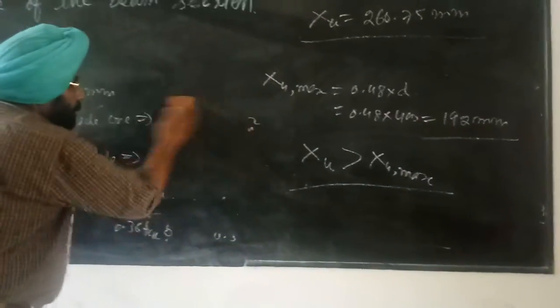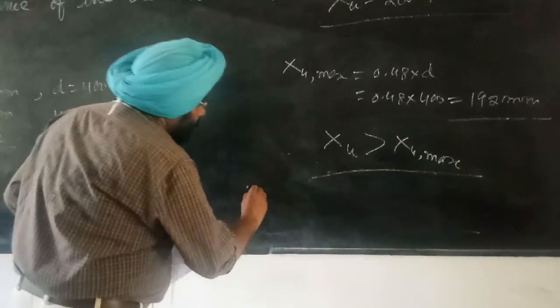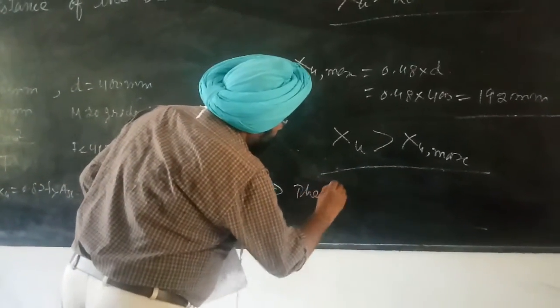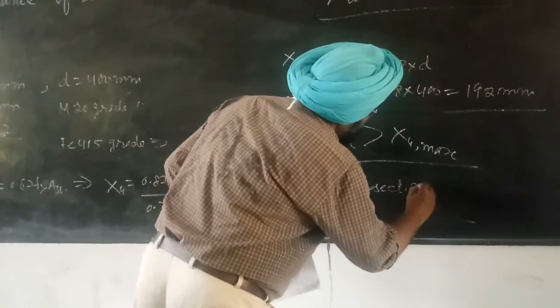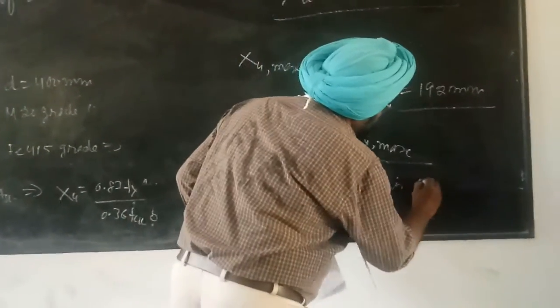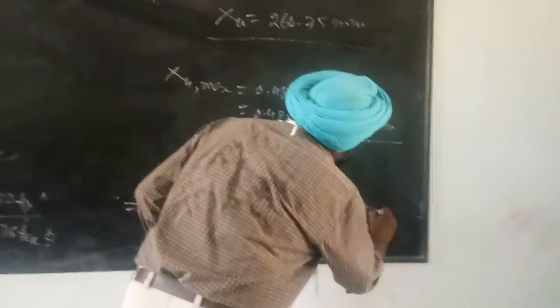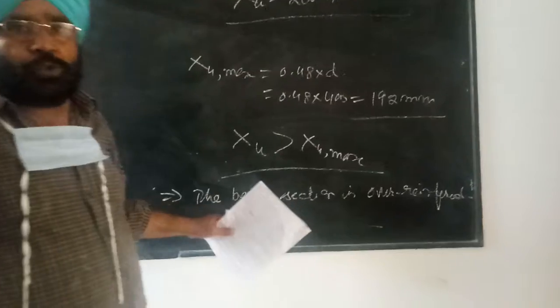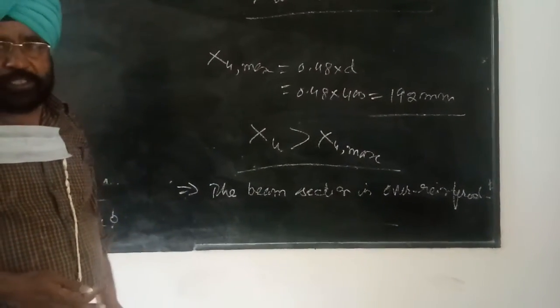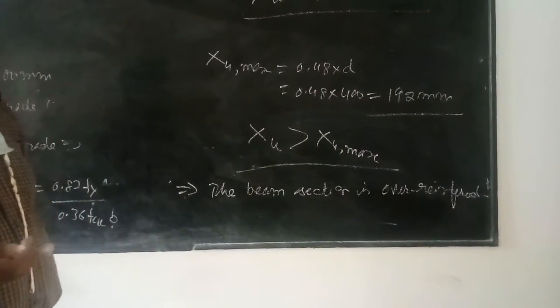So the beam section is over-reinforced. For the over-reinforced beam section, the moment of resistance is limited to the limiting moment of resistance.